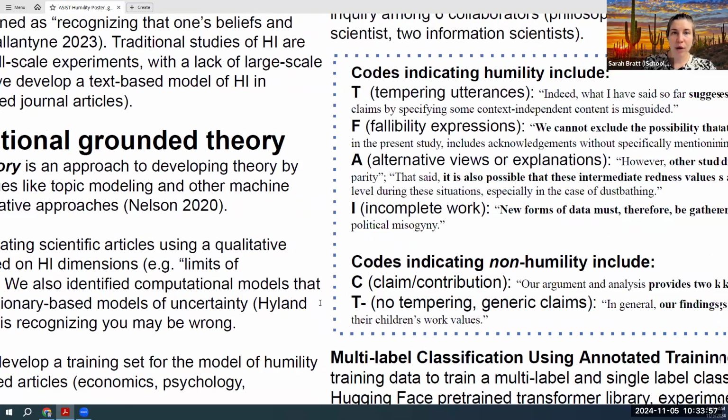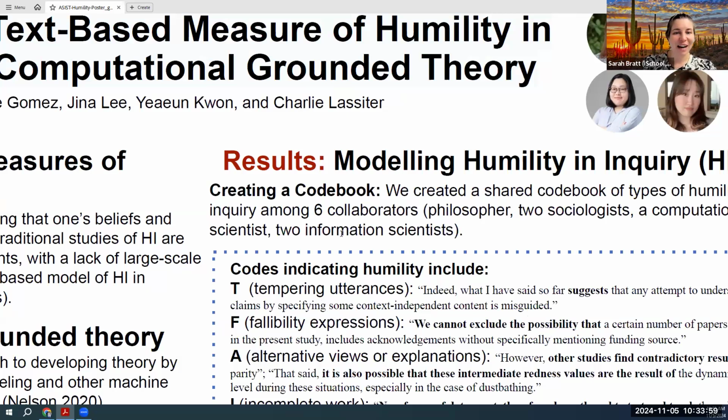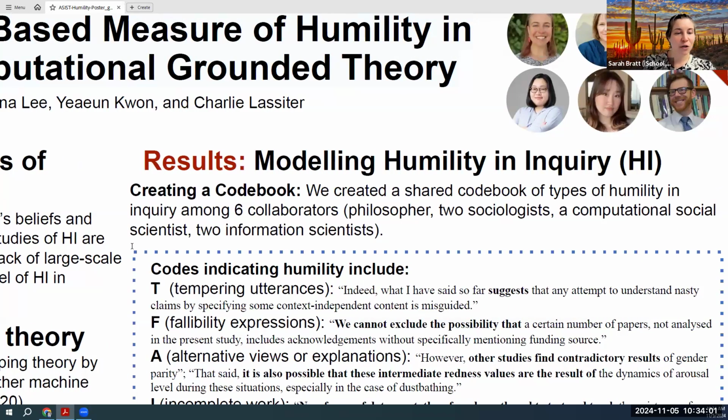So we moved on to creating a codebook. As you'll recall, we started with a bit of a deductive framework in the sense that we looked at the literature and said, okay, what are the constituent elements of humility in inquiry? And the literature told us that some things might include admitting that you're wrong, considering viewpoints of others, tempering your claims.